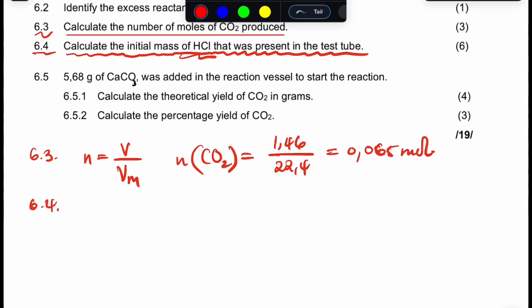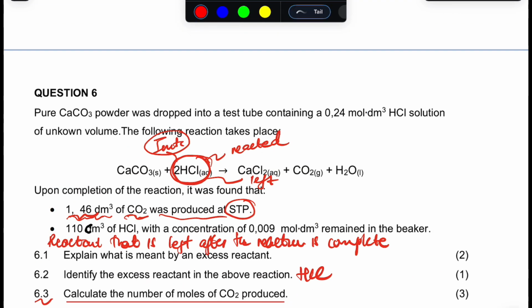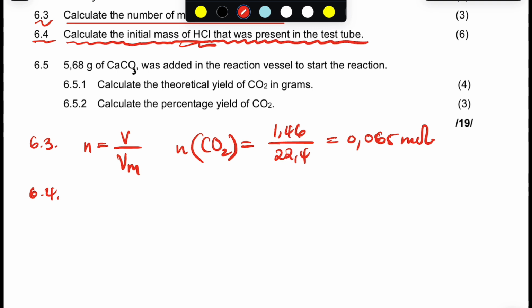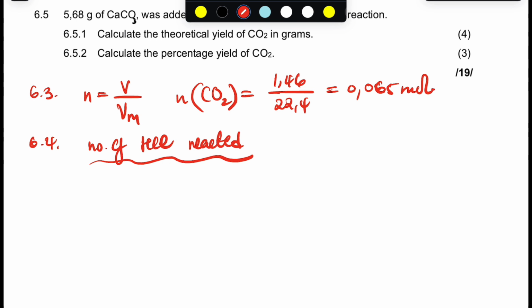So what I'm going to do now is the mole ratio. We can do the mole ratio of the HCl and the carbon dioxide. Let's say the number of moles of HCl reacted, right? We're going to calculate the number of moles of HCl reacted.